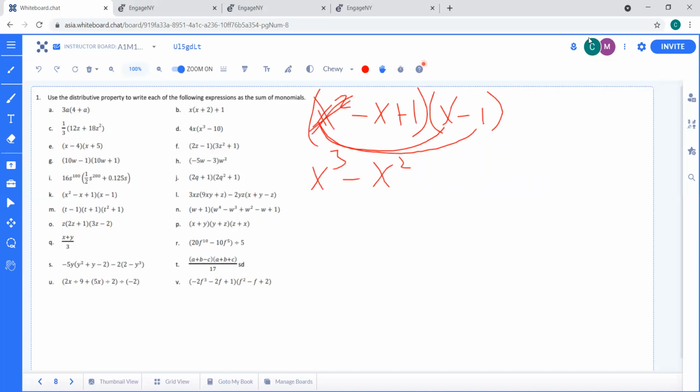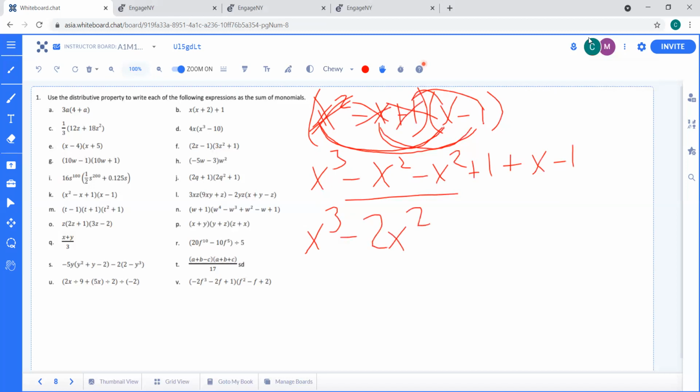So now you've multiplied it by the 2 terms. Now let's do this one. Negative x times x is going to be negative x squared. Negative x times negative 1 is going to be plus x. Get rid of it. And then 1 times that's just going to be plus x minus 1, right? And now we're done with the multiplying. Now we have to combine our terms. I have 2 like terms here. So it's going to be x cubed minus 2x squared. We've just got a term here of x, so plus x. And then these are going to cancel. Plus 1 minus 1 cancels.